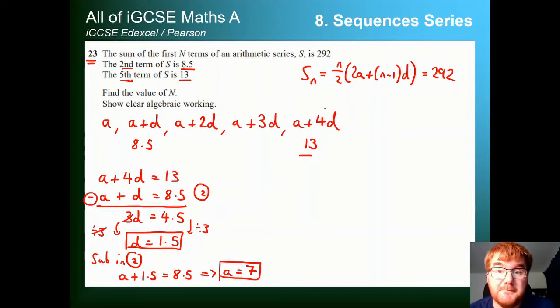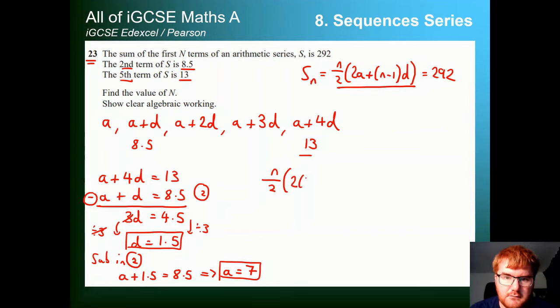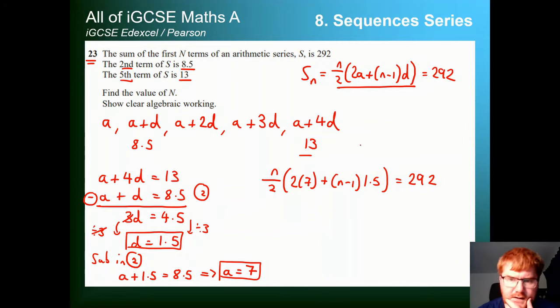Once we've got this, then we can use this formula at the top here. So we don't know what n is for the moment, but we do know a is equal to 7. Don't know what n is, but we do know d is equal to 1.5. So we get a kind of messy equation out of this. So let's do some simplifying in the bracket first here.